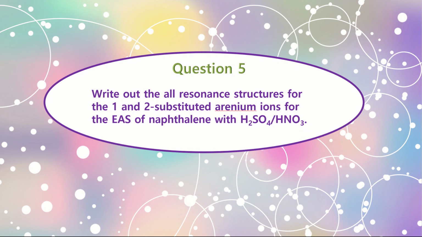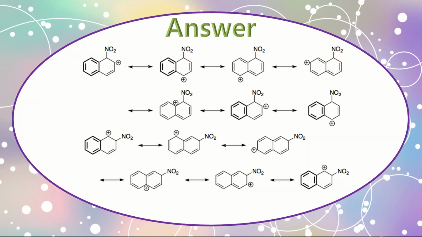So we're looking at a nitration of naphthalene, and write out all of the resonance structures for both the 1 and the 2 substituted areneum ions. All right, so please take a second, pause, and answer this question.